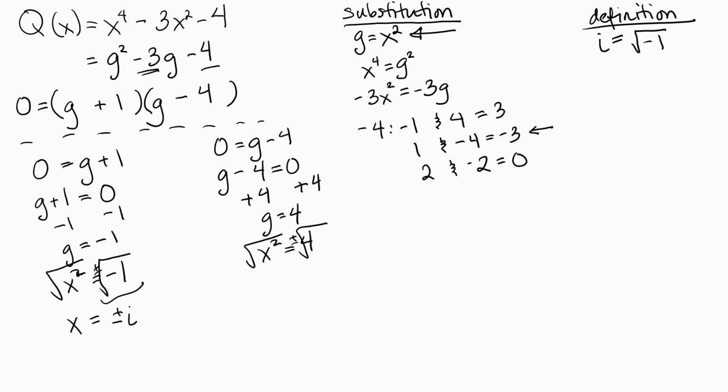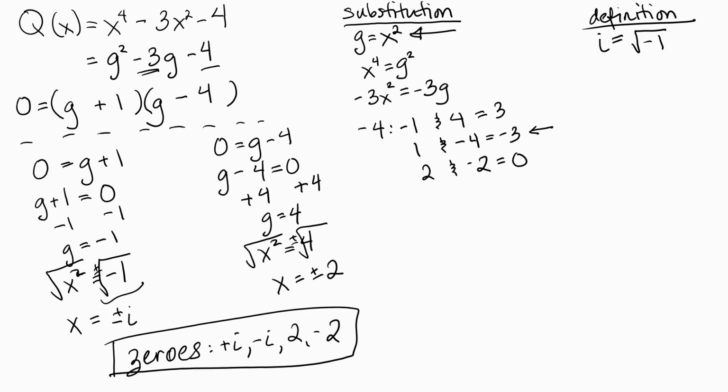On the other side, the square root of 4 is 2, so we have plus or minus 2. So that means that our zeros for this specific problem are positive i, negative i, 2, and negative 2. And from here, you can write out your function and solve it going forward.